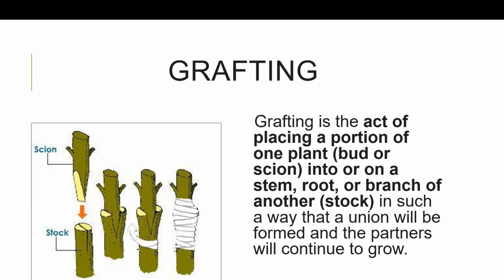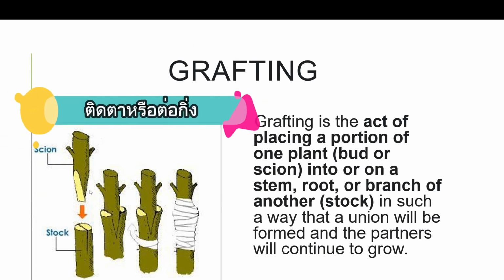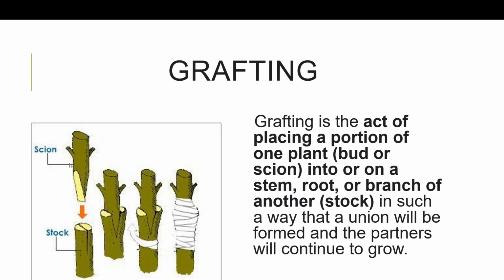We also have grafting. Grafting, we have to do in a V position, and later on in another topic we can do this activity like this. This is grafting. If you would like to grow a new plant, you can do grafting.